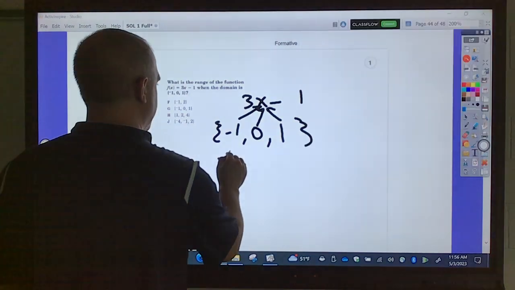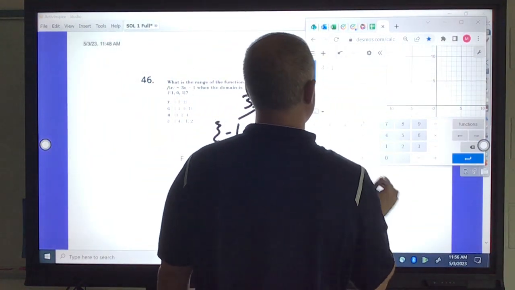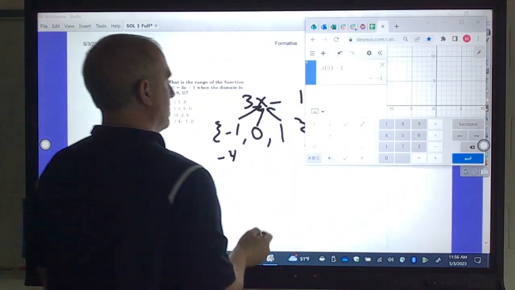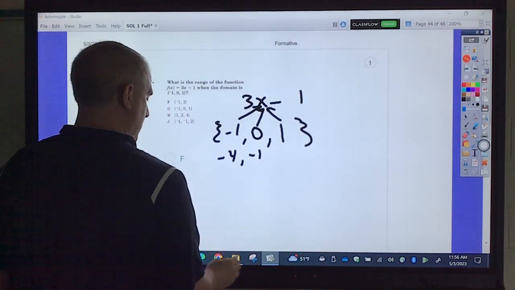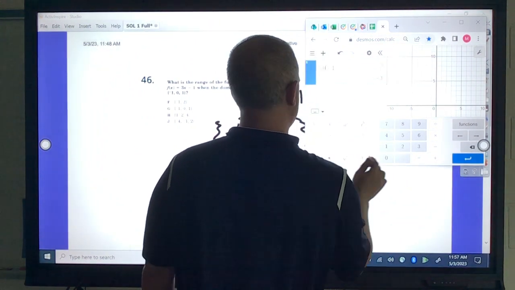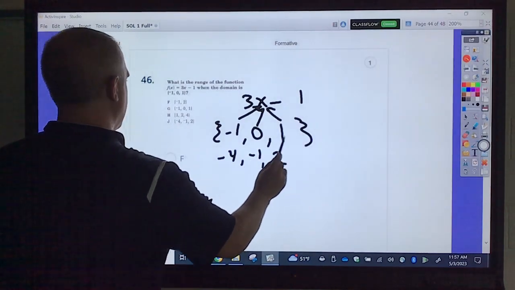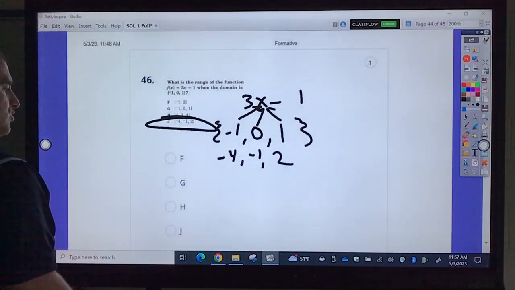That first answer is -4. Then I replace that with a 0, and it's going to be -1. Then replace that with a 1, and that's going to be 2. So that answer there would be J.